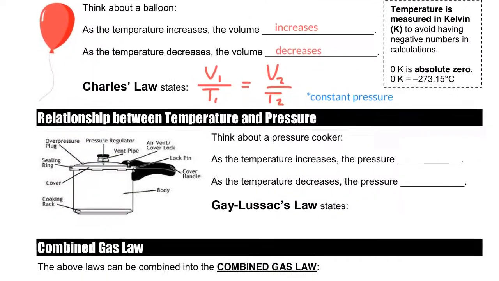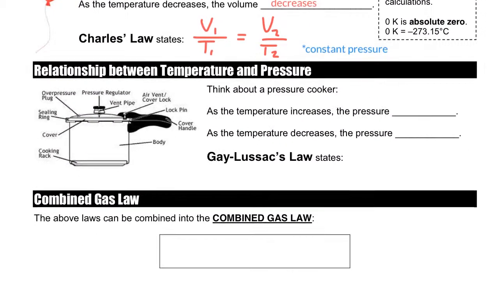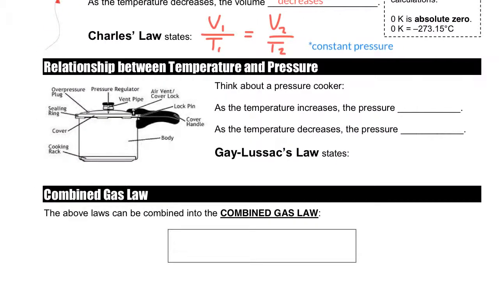There is also a relationship between temperature and pressure. To illustrate this point, think about a pressure cooker. The way it works is you put some water inside the bottom of the pot, you seal the lid, and you put it on the stove, or you plug it in if it's electric, and you heat up the water.